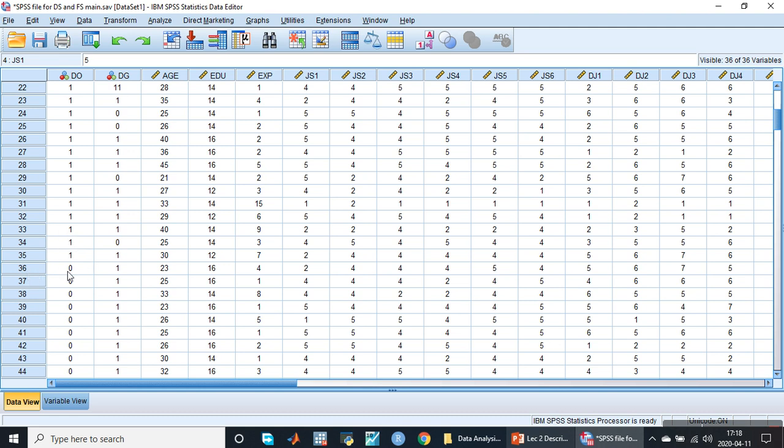The person who filled the 36th questionnaire was from a private organization, because here the 0 represents that it is filled by an employee of a private organization, and the 1 means that this questionnaire is filled by an employee of a government organization.